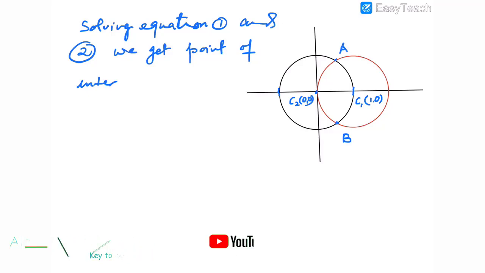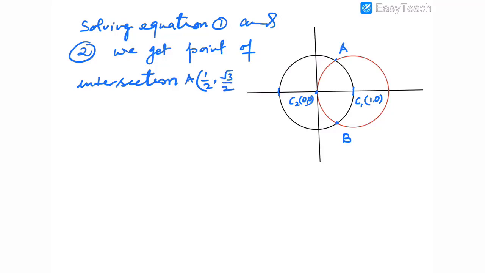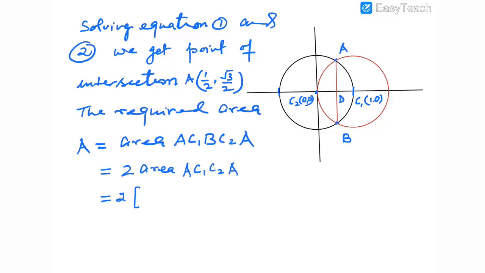Therefore, the point of intersection A is (1 by 2, root 3 by 2). Therefore, the required area is equal to the area AC1BC2A.